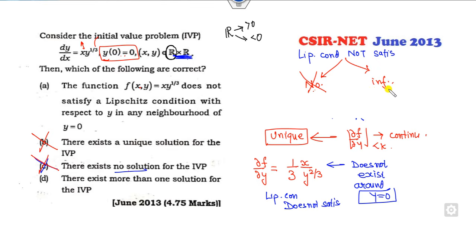So this option is also cancelled. There exists more than one solution, that means infinitely many solutions. The function does not satisfy the Lipschitz condition with respect to y in the neighborhood of y equal to 0. Yes, this condition fails only around y equal to 0. So that means the right options are A and D.